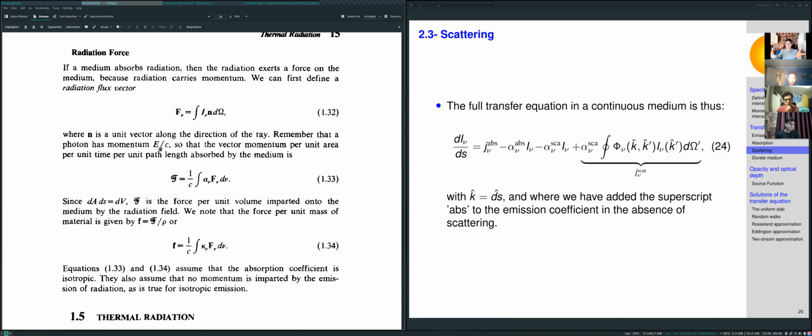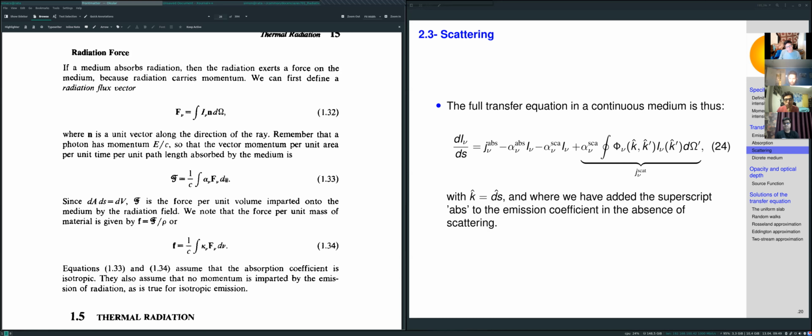Since the medium is absorbing the photons, it's absorbing the energy of the photon, and also the momentum of the photon. So when you have a dust grain being shone upon by photons, the dust grain will absorb the heat of the radiation and warm up, and it can also be pushed by the radiation. That will lead us to radiation pressure.